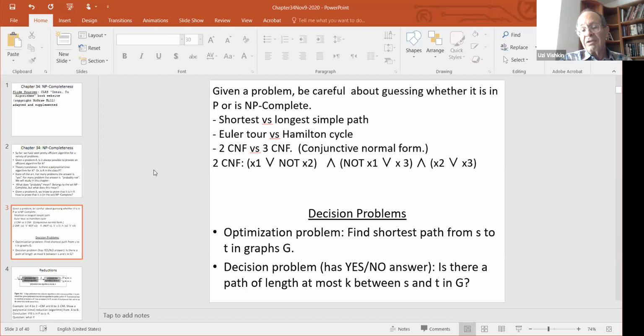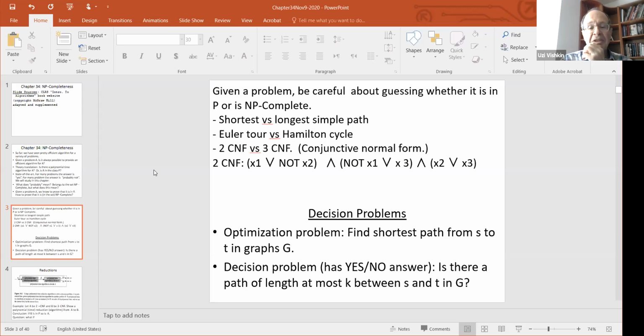Hamilton cycle is all the vertices. So can you find a cycle that will start at a vertex, go through all the others, include all of them exactly once, and come back to the original node? Turns out that this problem is NP-complete, meaning it probably does not have a polynomial time algorithm.